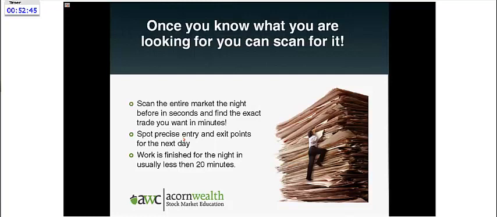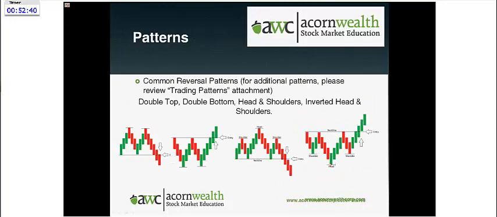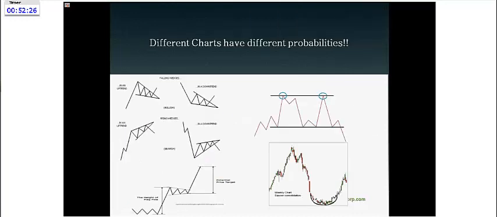Now, the types of patterns that we scan for are probably things that we're all familiar with. We've got double tops, double bottoms, head and shoulders, inverted head and shoulders. All these different patterns have different probabilities of success, profitability, and so forth.